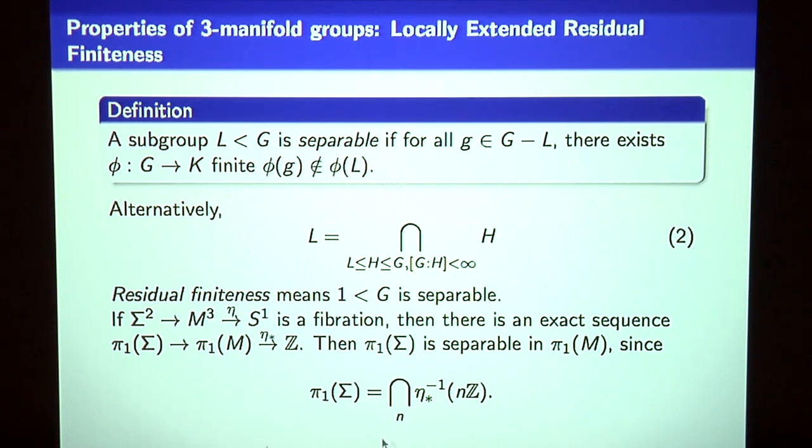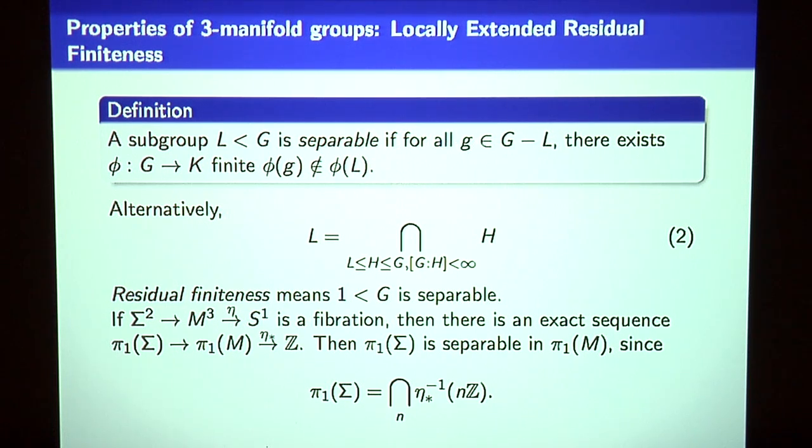It's the intersection over finite index subgroups of Z, which we know pretty well. You take their preimages and you intersect them, and that gives you back the subgroup sigma. So basically, if you have a group and you have a homomorphism to a residually finite group, then the kernel of that homomorphism is going to be separable. Okay, so that's an example of a separable subgroup.